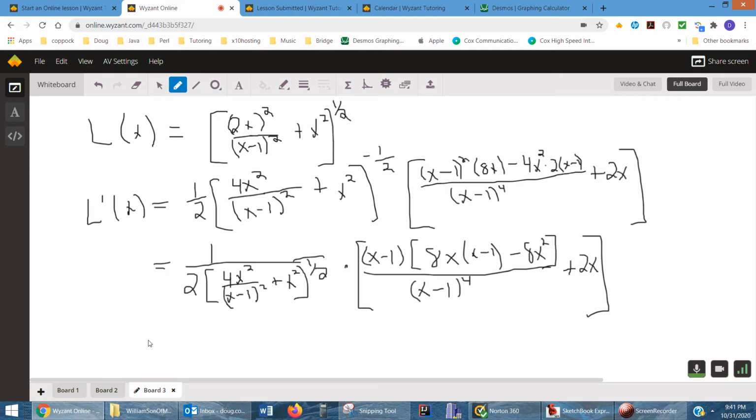And if you picture multiplying all these together as one big fraction, by the way, this x minus 1 cancels out with here and gives me x minus 1, the quantity cubed.